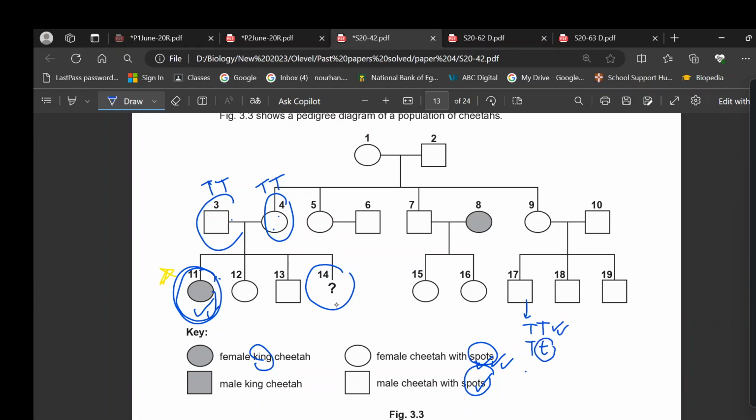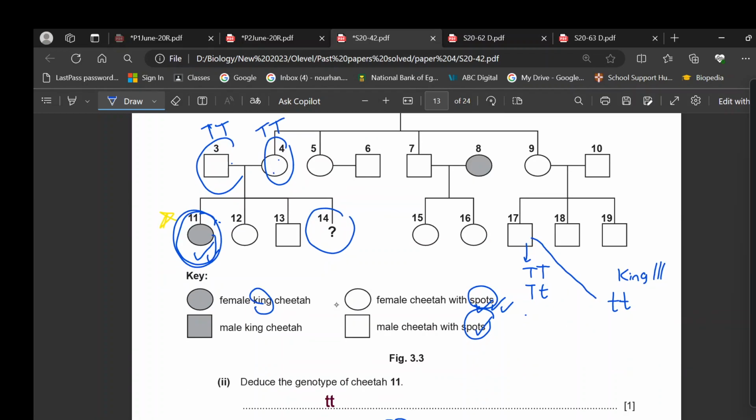How do I know? I will perform a test cross. Test cross means that you will cross 17 with a homozygous recessive cheetah, a king cheetah, the one with stripes. And then you will check the babies.